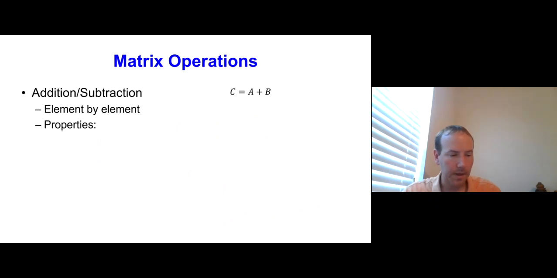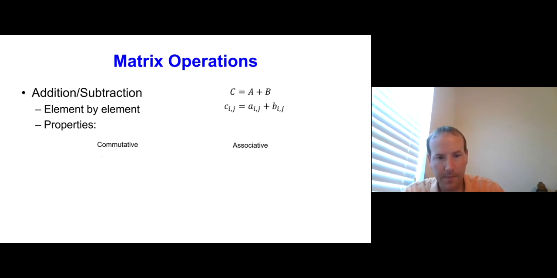Okay, so then the next thing we want to do is be able to do various different operations. The basic idea is that when you add matrices, they do it element by element. So the ij element is the ij of A plus the ij of B. We also have various different properties.